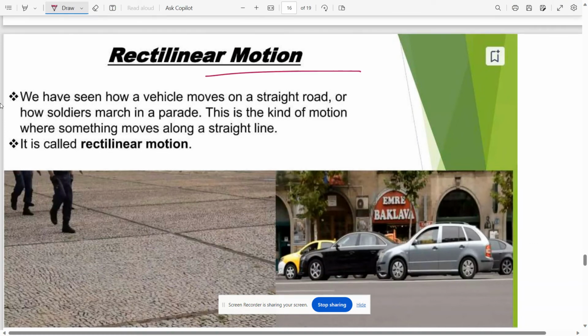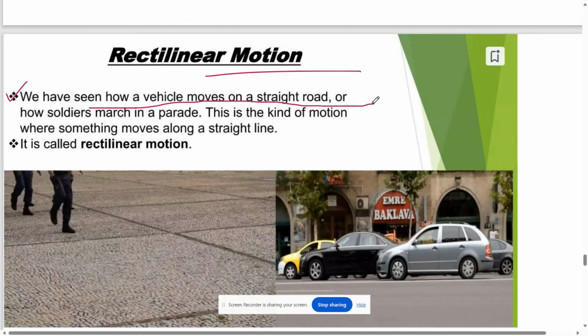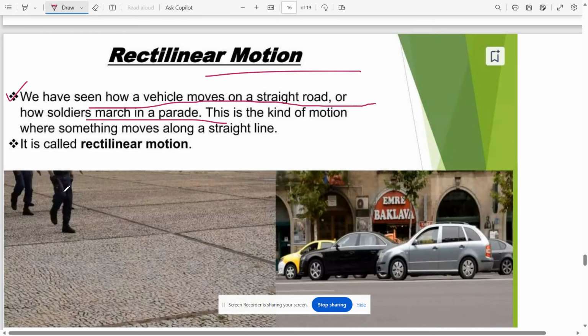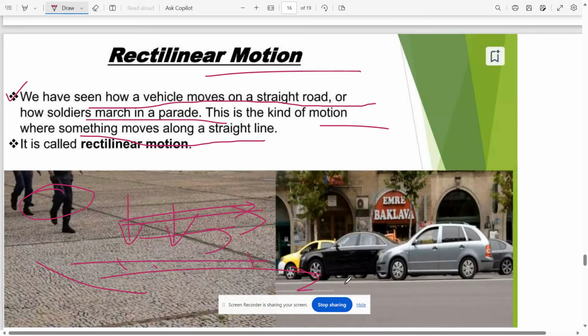Rectilinear motion. We have seen how a vehicle moves on a straight road or how soldiers march in a parade. This is a kind of motion where something moves along a straight line. If the road is like this and they're marching towards east, it is called a rectilinear motion.